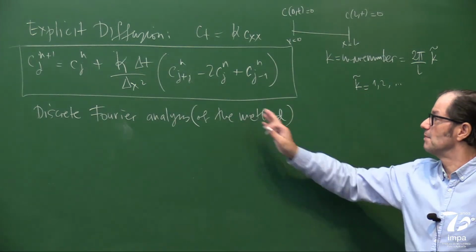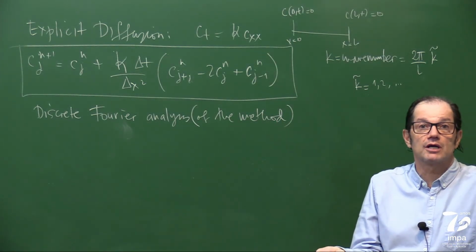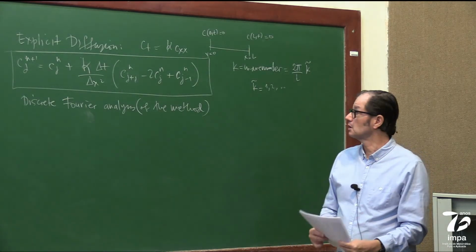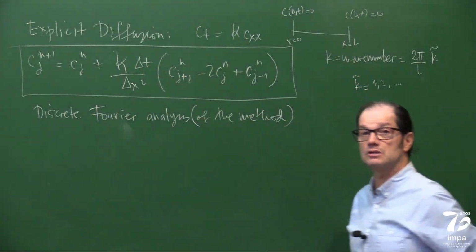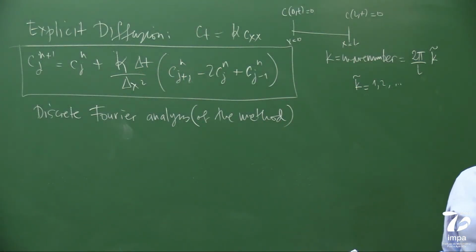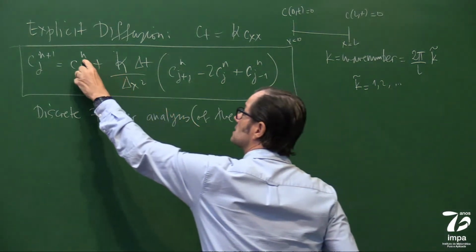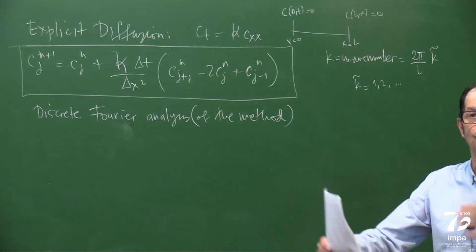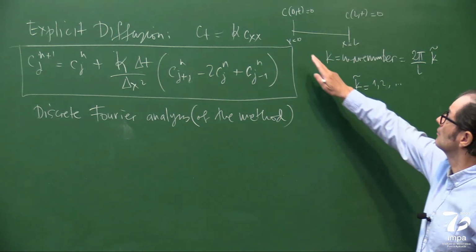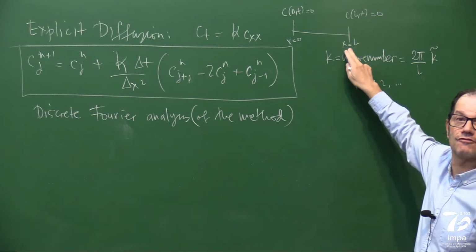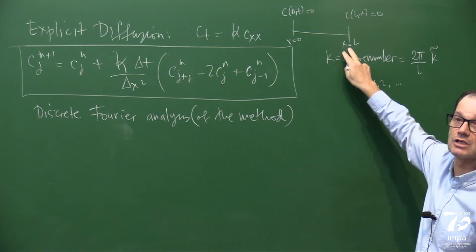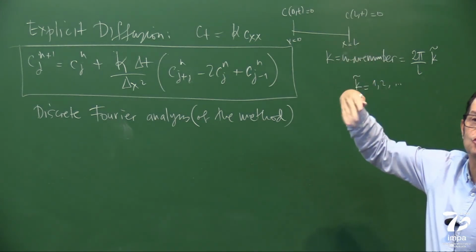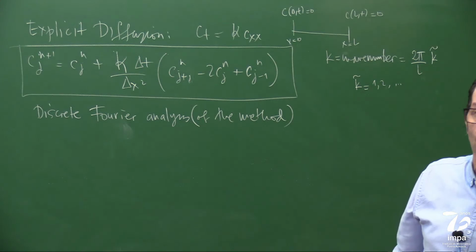I didn't even have to mention it, but it's a discrete Fourier analysis, because I have basically here a discrete dynamical system, explicit in time, that will evolve my solution. And I'm already on a finite interval, so even if I was doing this for the equation, it's a Fourier series, which is already discrete as compared to a Fourier transform.